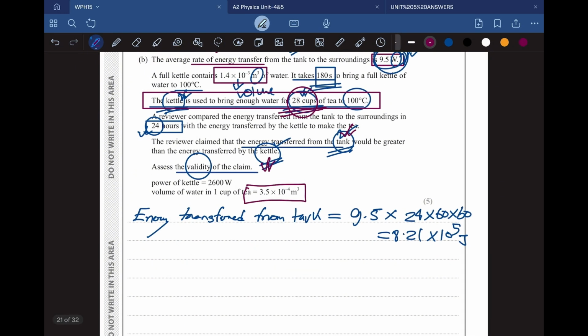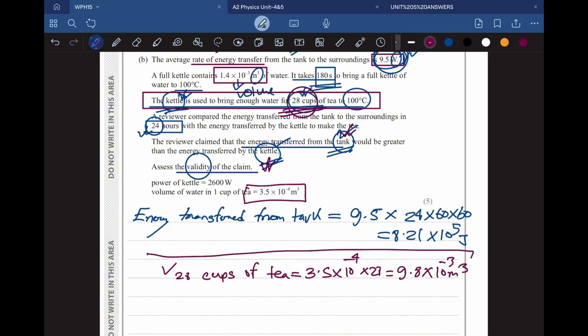The volume of 28 cups of tea is 3.5 × 10^-4 multiplied by 28, which gives us a value of 9.8 × 10^-3 m³. So we have figured out the actual volume of tea that they are working with. We have got the volume of the tea.